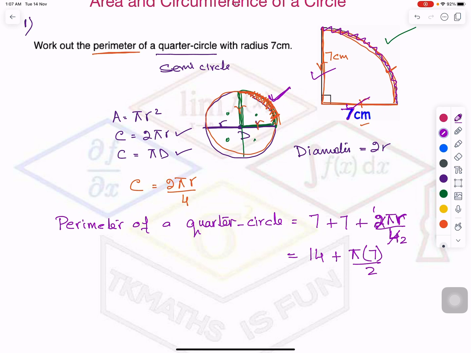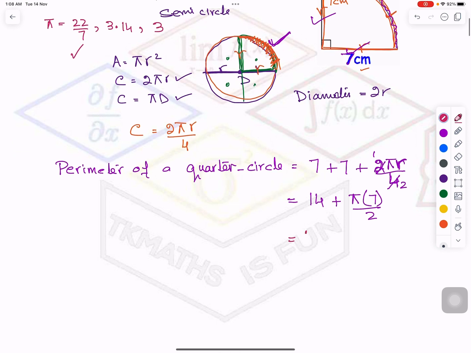Now you have to write down the value of pi. For example, if nothing is given in the question, then it is your choice. The value of pi can be taken as 22 upon 7, can be 3.14, or sometimes the teacher says take the round-off value equal to 3. It depends on the question. In this case, suppose I take 22 upon 7. So I will replace pi by 22 upon 7.